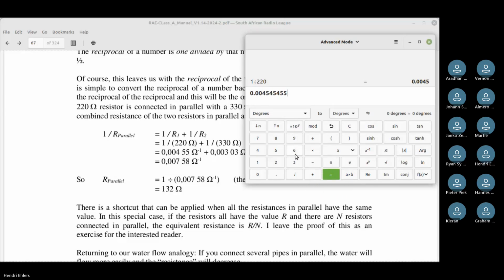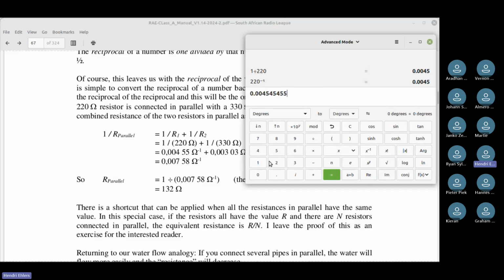So I go and I say 220, and where's that thingy gone now? It was here minutes ago. Okay, there it is. X to the minus 1, right? Gives me exactly the same answer. So instead of writing it divided, we can use that function, gives me the same answer.